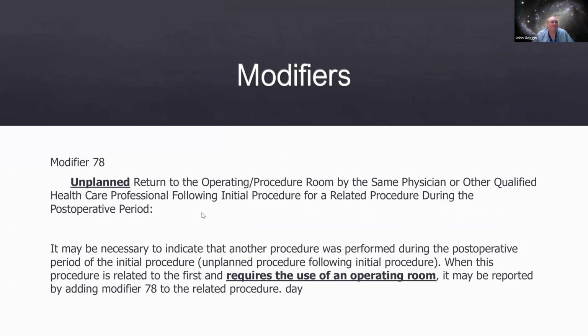I went backwards to this unplanned return to the operating room, the modifier 78. That would be the situation where the patient has an external fixator and they need to go back to the operating room and have it adjusted or fixed because it was shifting out of position.